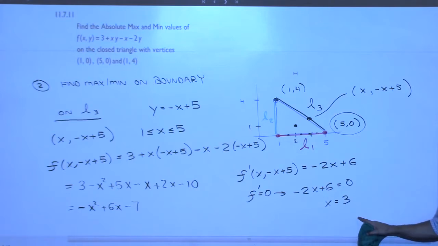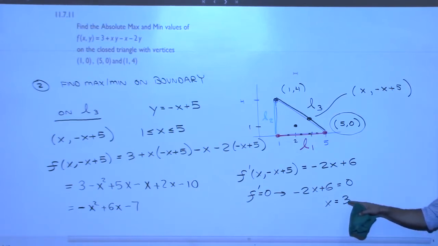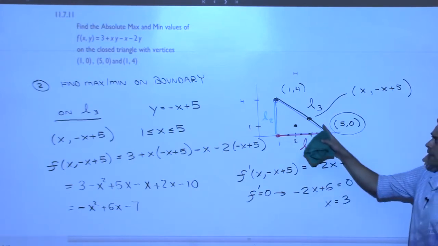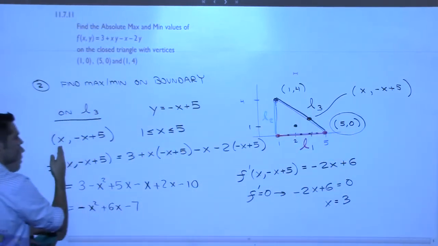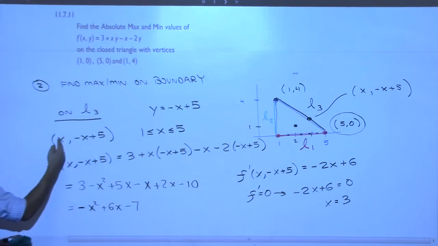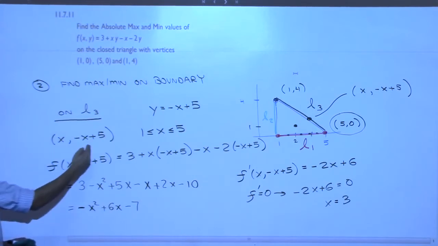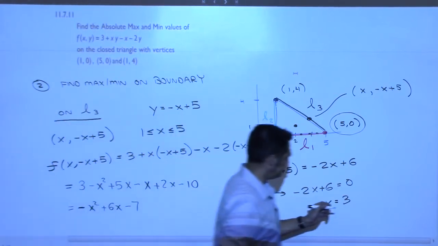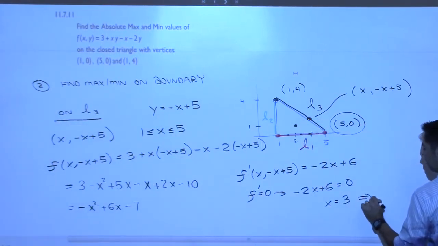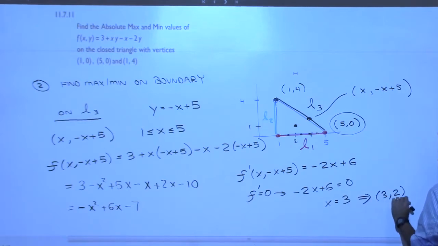So we actually have a critical number this time, don't we? If x is 3, can you tell me what point that is over here? Come back to this. If x is 3, where are you? 3, 2, plugging in 3 for those. So this implies that 3, 2 is a critical point. Understand where the 3, 2 came from? Yeah?